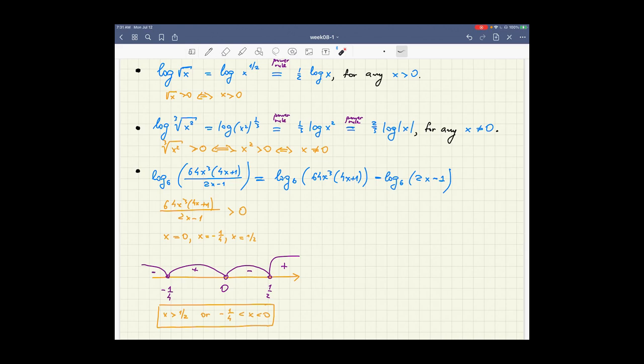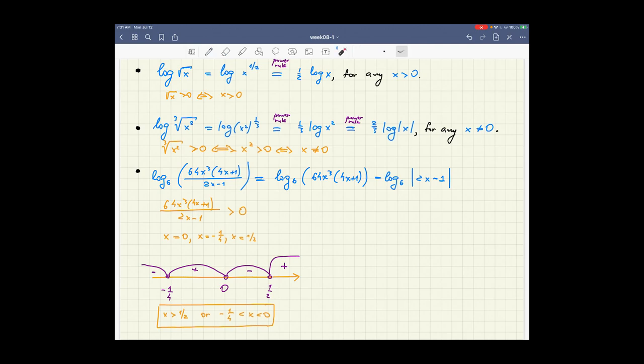If, for instance, x is negative 1/8, 2 times negative 1/8 minus 1 is certainly negative. So this expression won't make sense. I need to use absolute value.